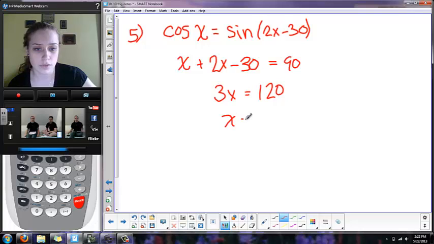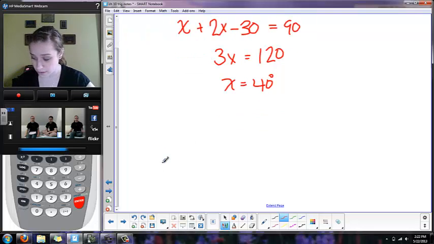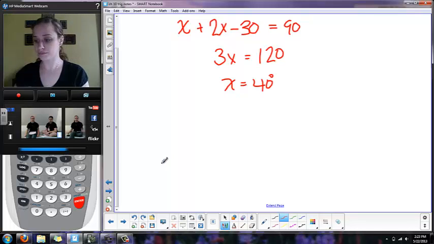X is equal to 40 degrees. Okay. Number 6 is the same thing, number 7 is the same thing, and number 8 is the same thing. All you're doing is taking those two angles, as long as they're cofunctions, setting it equal to 90, and solving for either theta, solving for x, solving for a, whatever.